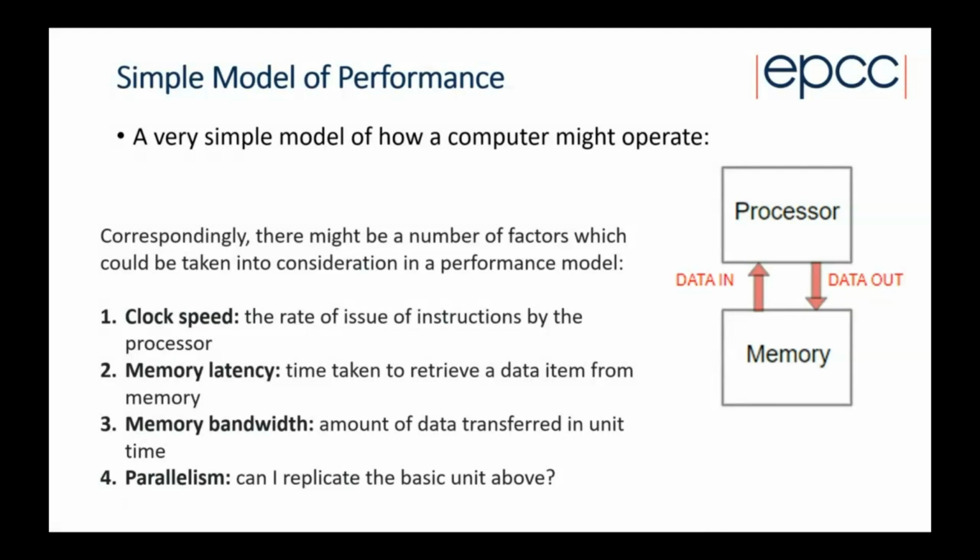And parallelism: can we replicate this basic unit so we have more of them and can do more things simultaneously? There's another sub-question, which is whether we can actually take whatever we're trying to calculate and do it simultaneously. That's an entire incredibly challenging field on its own, but from a hardware perspective, can I replicate this basic unit?